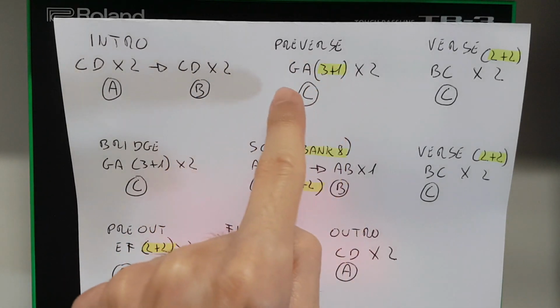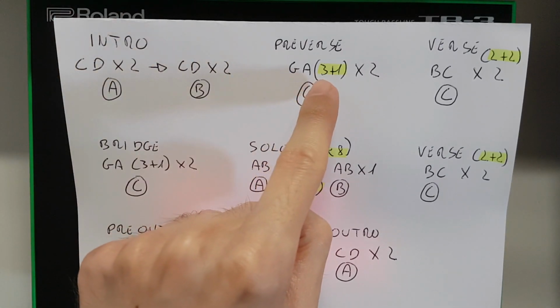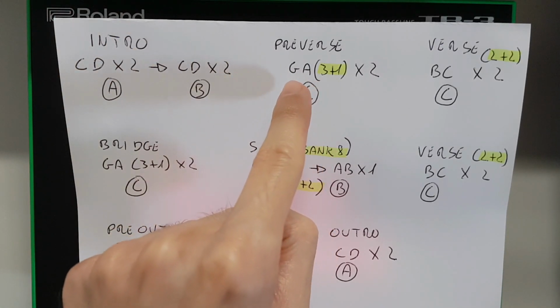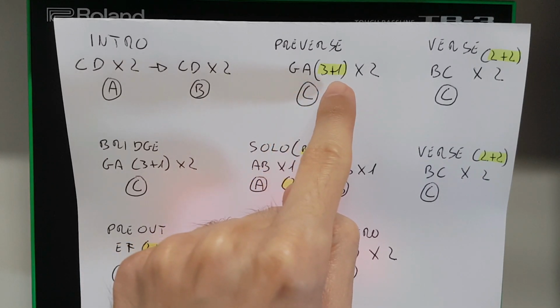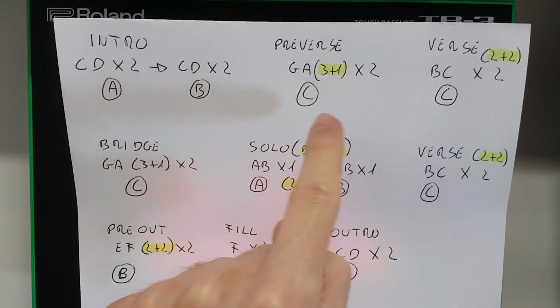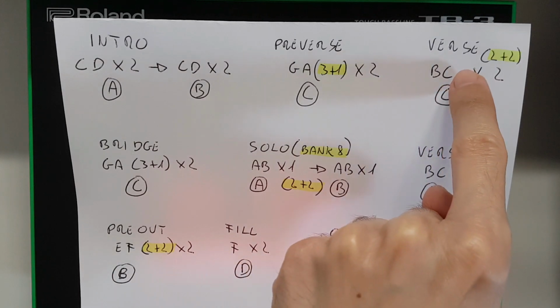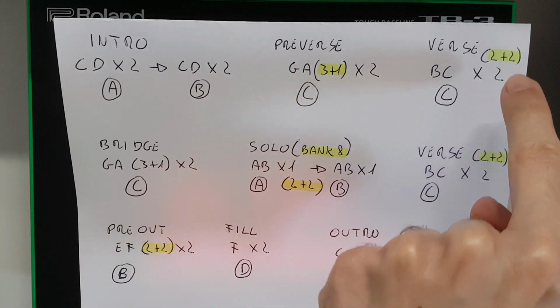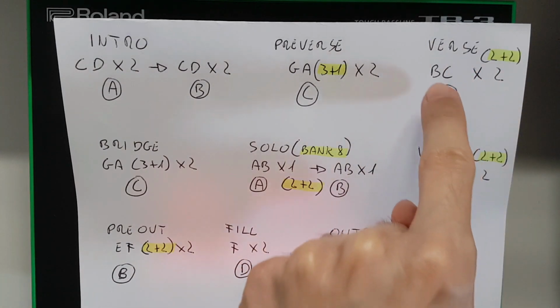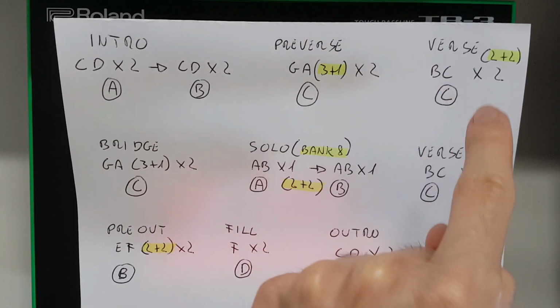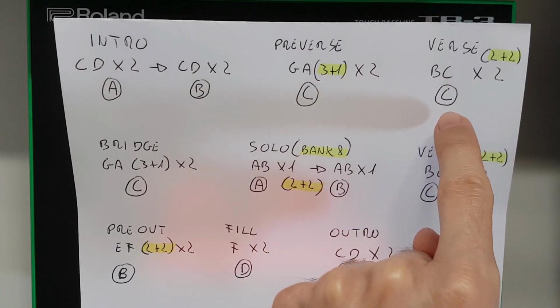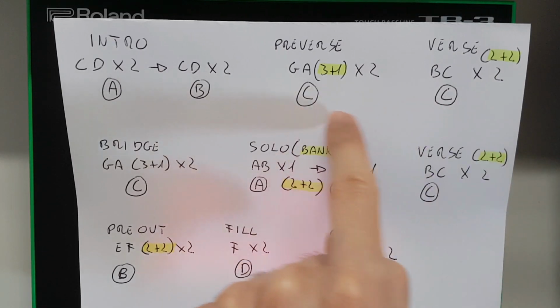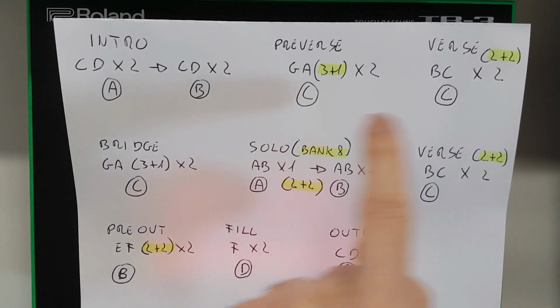Then a pre-verse, G, A, 3 times for G and 1 time for A, repeated 2 times with scene C. Then the verse, B, C, 2 and 2, what does it mean? 2 times B, 2 times C, repeated 2 times, and the drum machine is in the same scene. So it's not so difficult. It seems like a lot, but I can promise it is not so difficult.